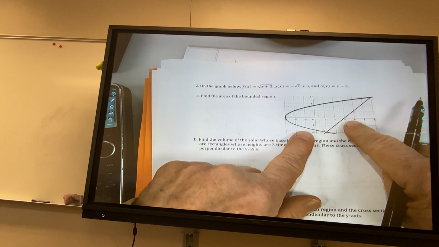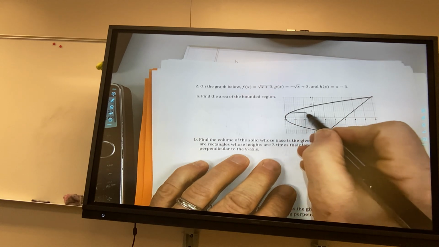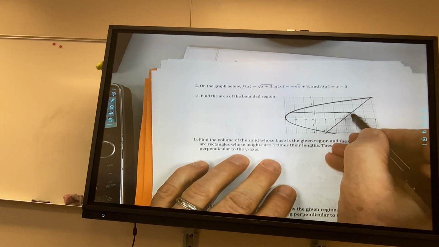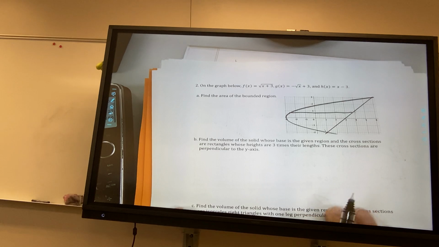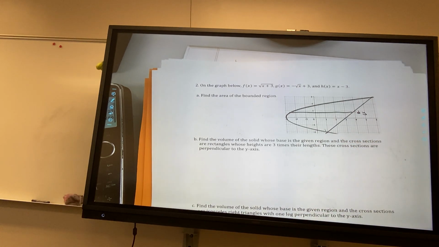Would everybody agree? So it's a lot easier doing it this way, and that's how I'm going to do these problems here. Now notice I draw that line. As soon as I do that, I call it that it's dy thick. So that means everything has to be in terms of y.